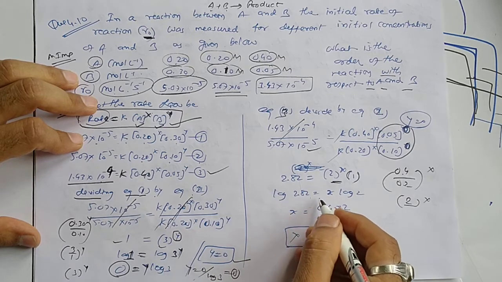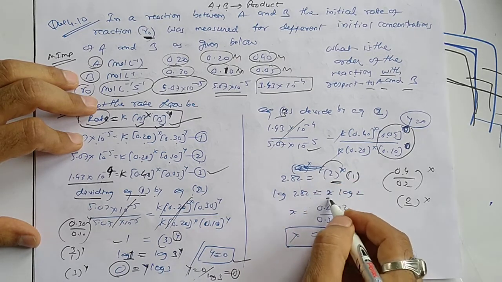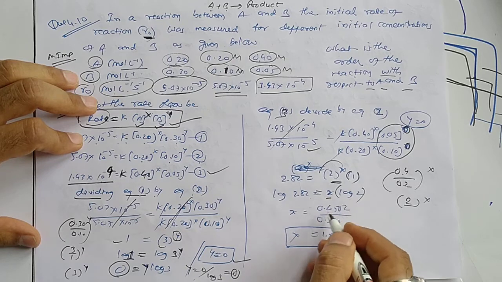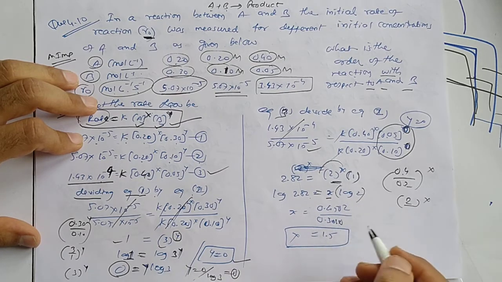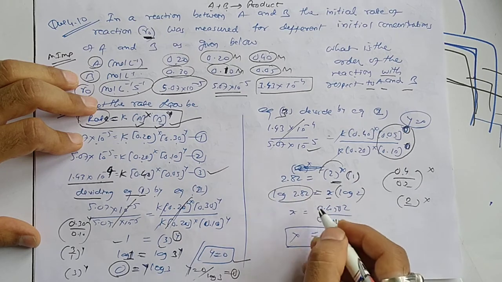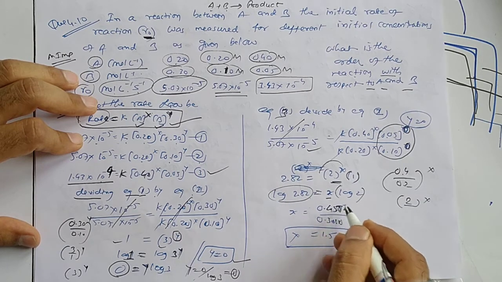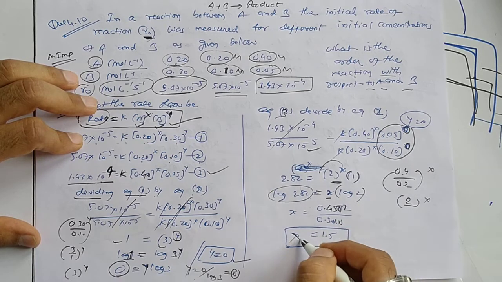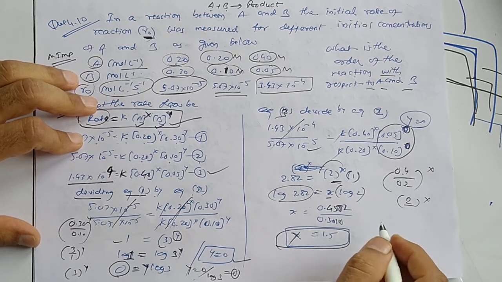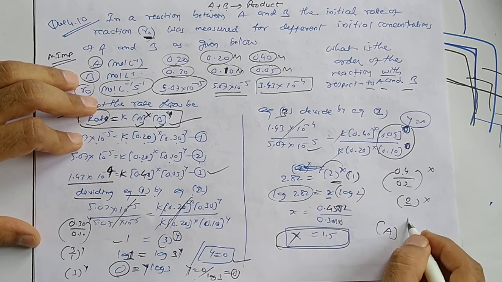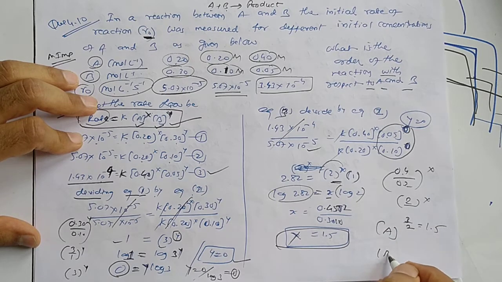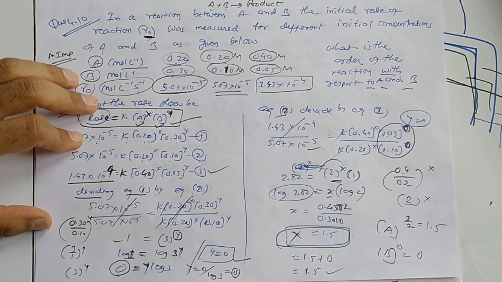Applying log on both sides, log 2.82 equals x log 2. Value of log 2 is 0.3010 and the logarithm value of 2.82 is 0.4502. Dividing, the value of x is 1.5. So with reference to A, the order of reaction is 3 by 2, that is 1.5, and with reference to B, 0. So the total order of reaction is 1.5 plus 0, which is 1.5.